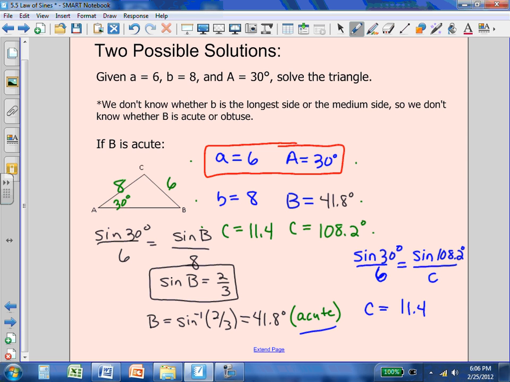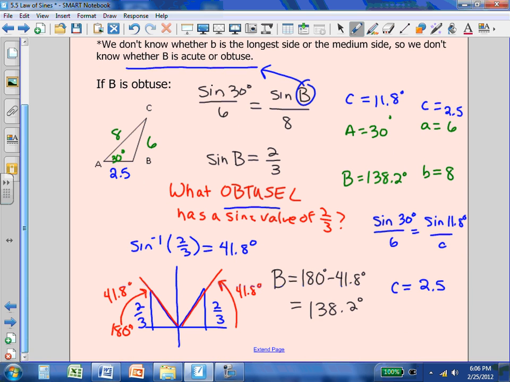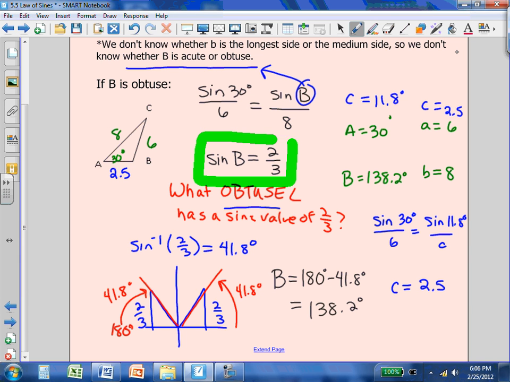Then you need to start over again, and honestly, you can start at this spot right here. That's where things start to go crazy, because then we start using the inverse sine. It gives us the acute angle.